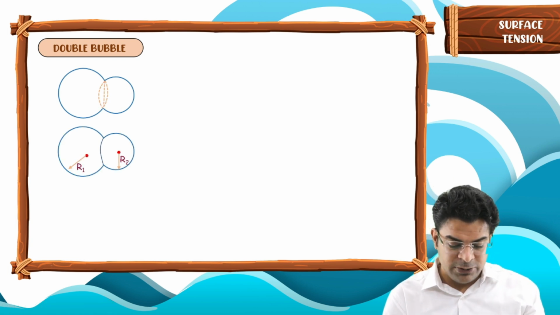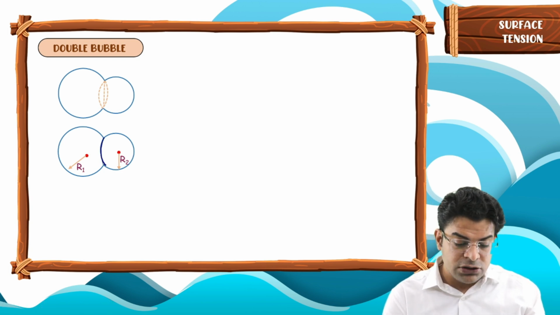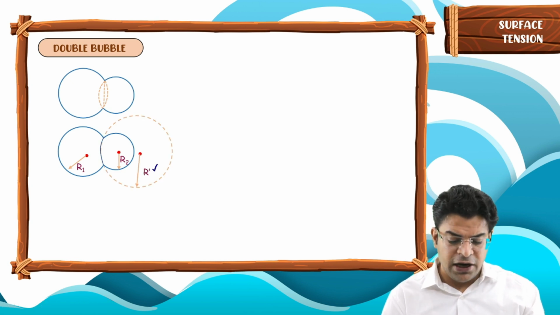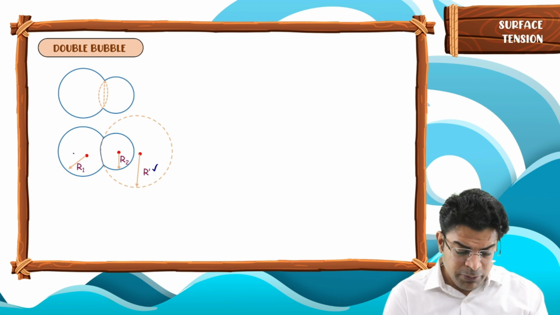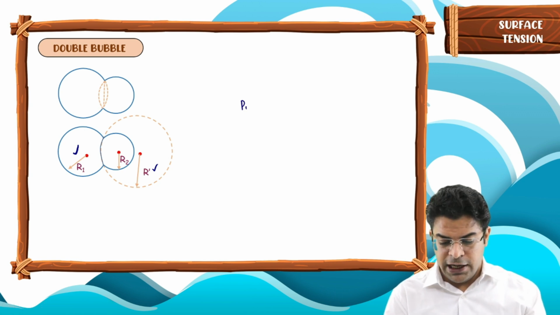Now, once this has been established, this will be the shape of the interface. The question is, what will be the radius of this interface? Let's say this interface has some radius r dash. How to find it? Quite easy. The pressure inside the first bubble of radius r1 will be P atm plus 4T by r1.